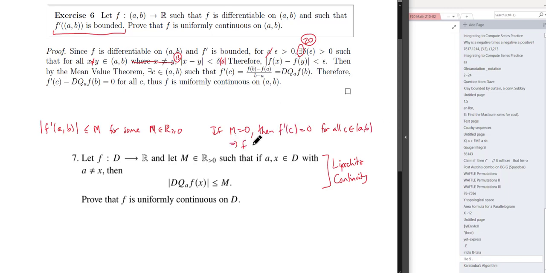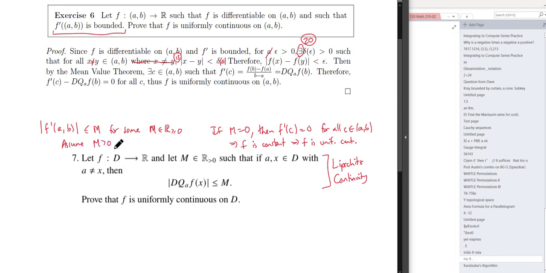So this implies f is constant, and of course a constant function is uniformly continuous. Okay, so the m equals 0 case, not a problem. So we can assume m is actually positive.